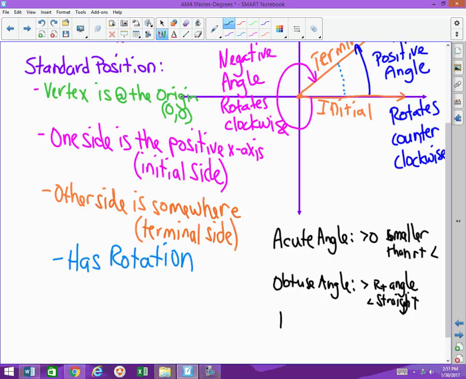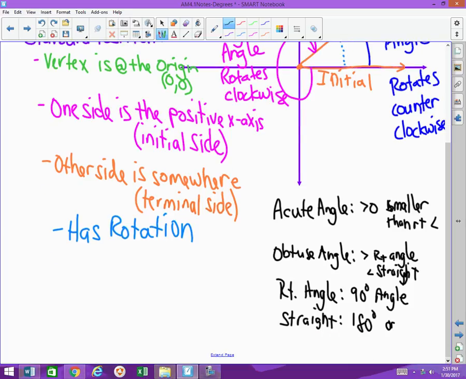There's also a right angle, which is a 90-degree angle. And you have a straight angle, which is 180 degrees, or a line.